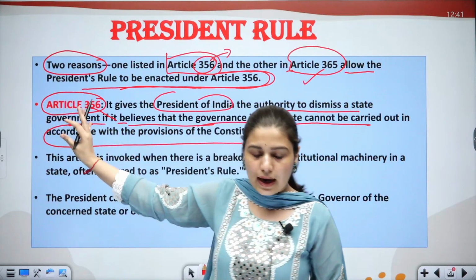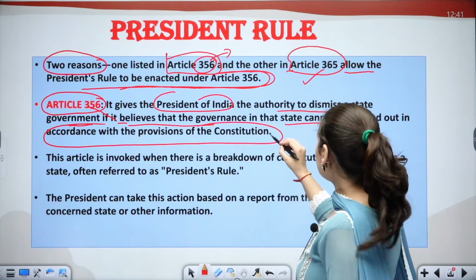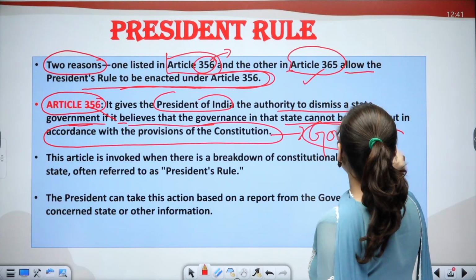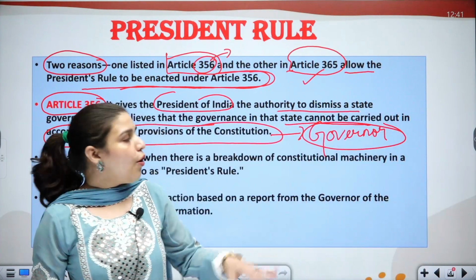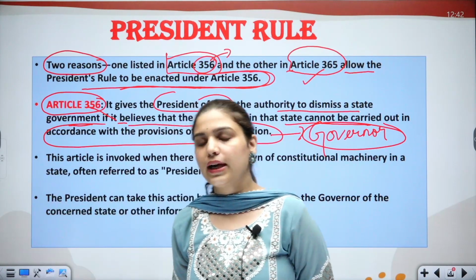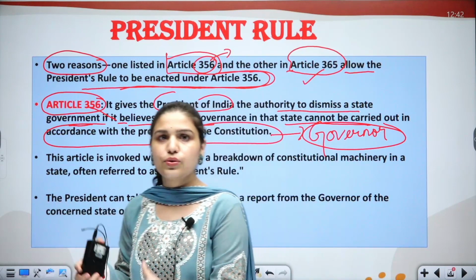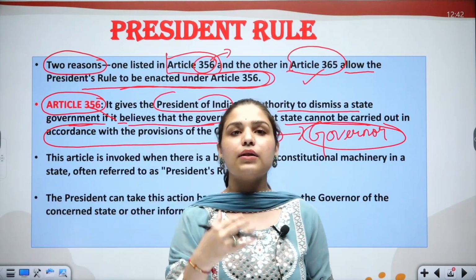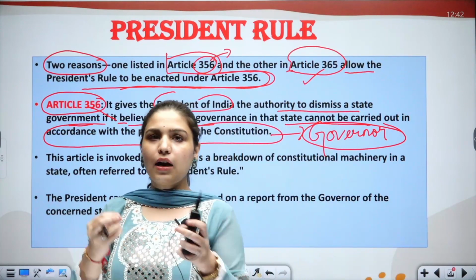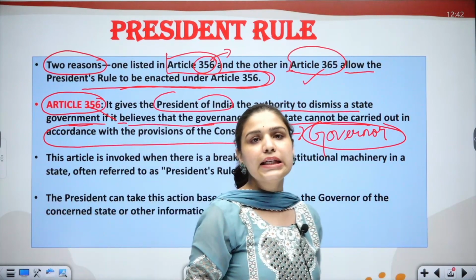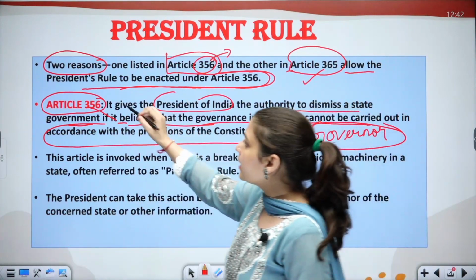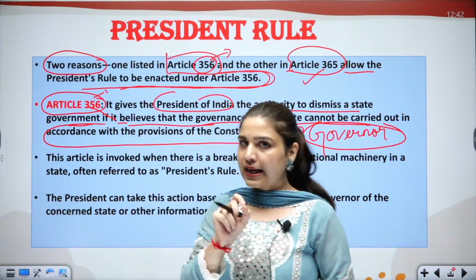Here the President declares President Rule in the state on the report of the governor, and if the President finds that the constitutional and administrative machinery is not being carried out in accordance with the provisions of the Constitution, then President Rule can be imposed in that state under Article 356.